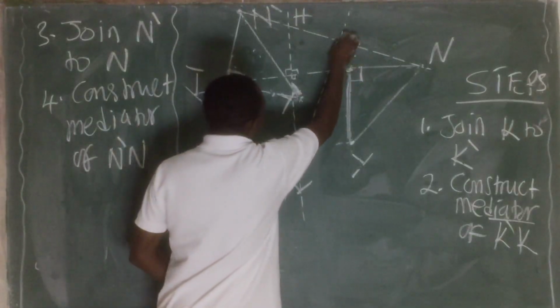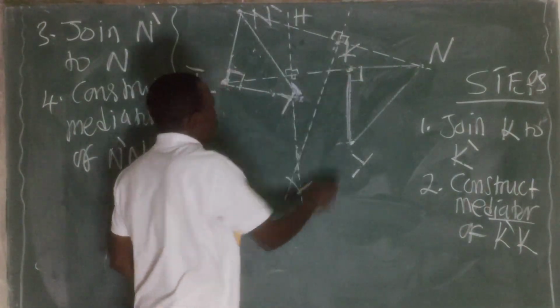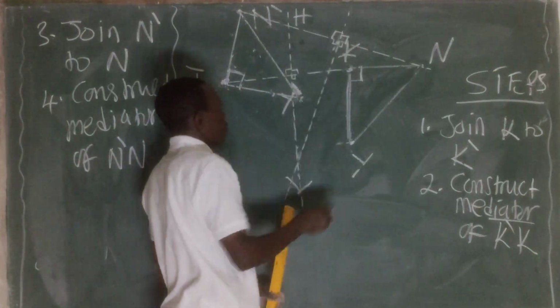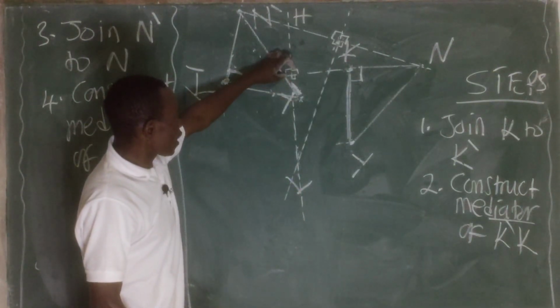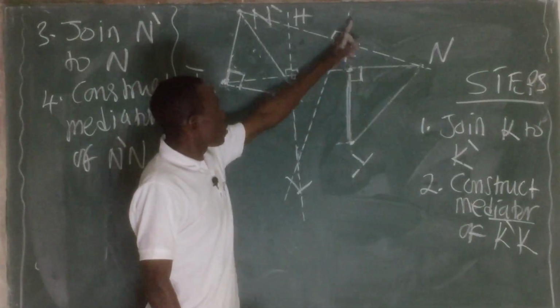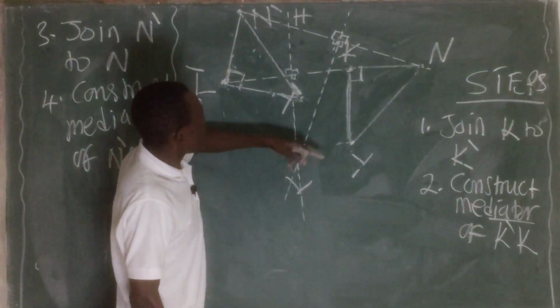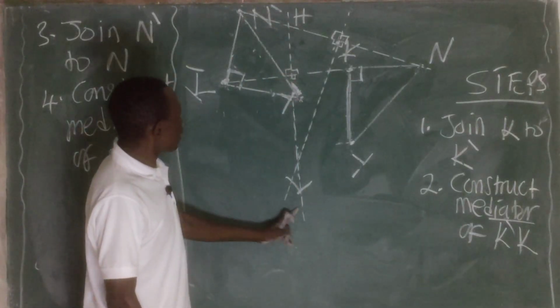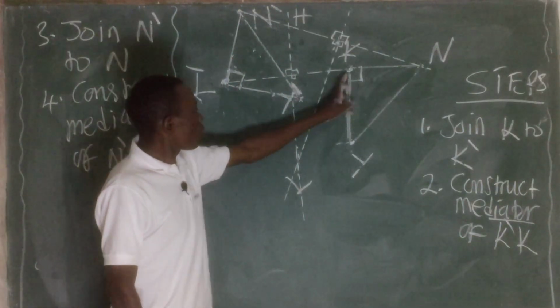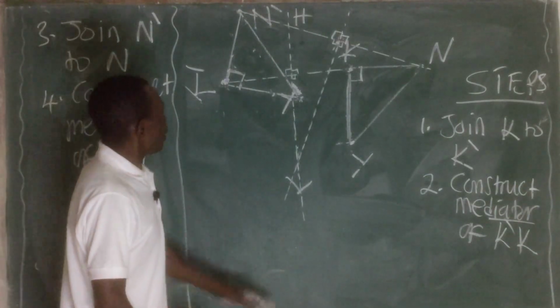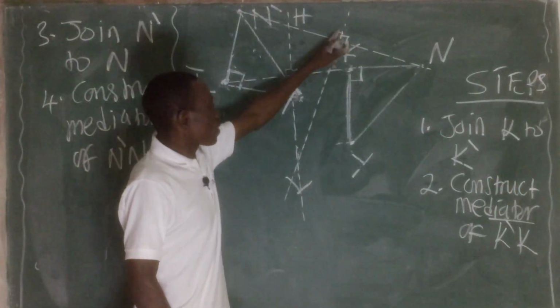This mediator of that line is just an assumption, having it that way, that this is also right angled, and here there are also right angles. So this is the mediator of N prime N, and this one is the mediator of K prime K. As you can see here, we have this mediator and that mediator.